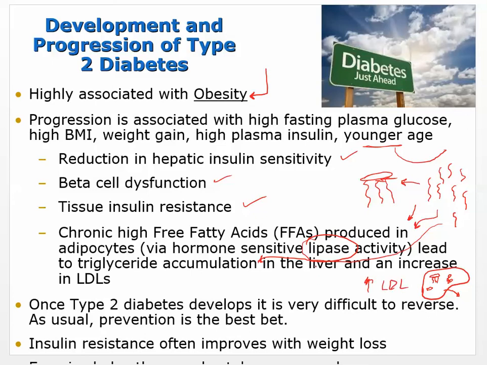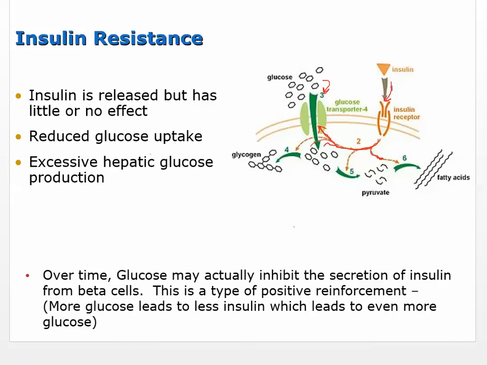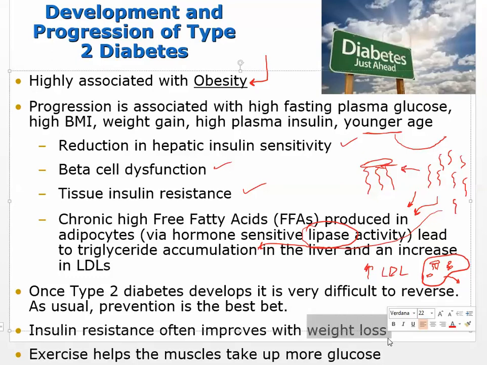Okay, so that's just one of these little side effects that also happens in type 2 diabetes. Once type 2 diabetes develops, it's very difficult to reverse. Insulin resistance often improves with weight loss, so that's one of your treatments: weight loss.